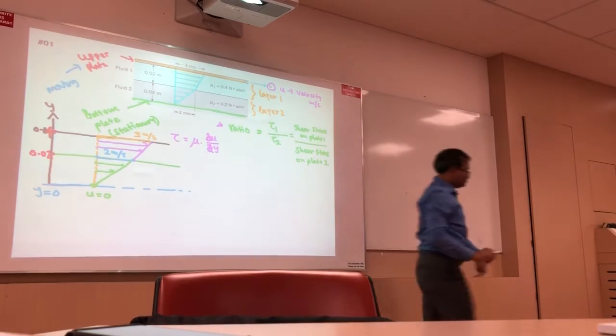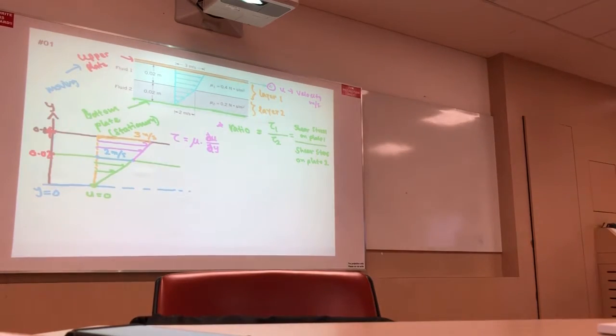I can write this. So, okay, you can see at layer 1, I am looking at that point. So, tau 1 becomes mu 1 times du by dy at layer number 1. Correct, I can write it, no problem.